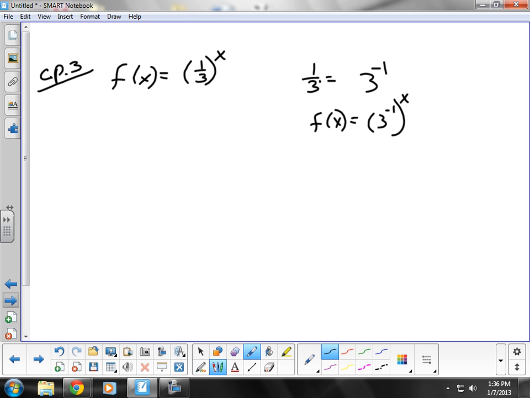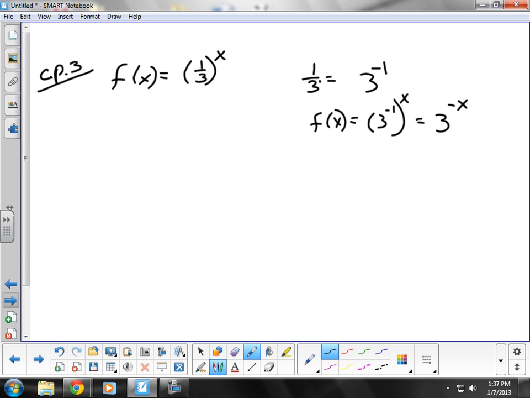What's that rule of exponents? Not add them, multiply them. If I'm taking one power and raising it to another power, I multiply. If I'm taking two like bases and multiplying them together, that's when I add their exponents. So that's the same thing as 3 to the negative x. They want you to notice that 1/3 to the x is the same thing as 3 to the negative x.